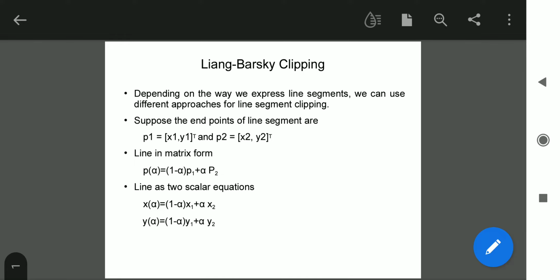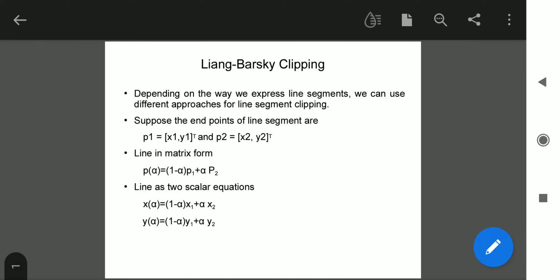Then, by using this representation of P1 and P2, we can represent the line segment in two forms. One is representing the line segment in matrix form, where it can be written as P of alpha equal to (1 minus alpha) into P1 plus alpha into P2. This is the representation of a line segment in matrix form.